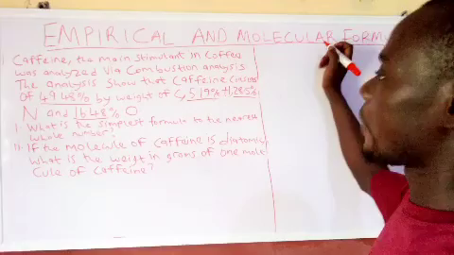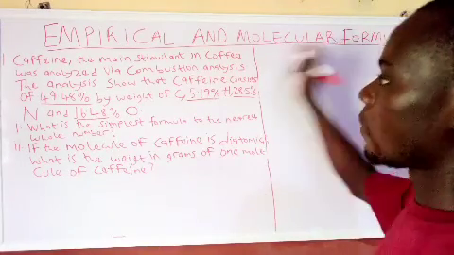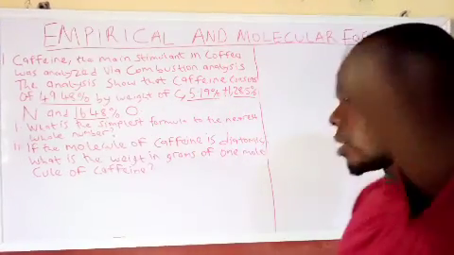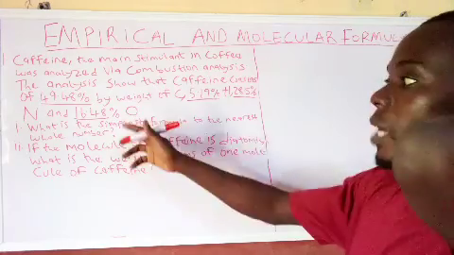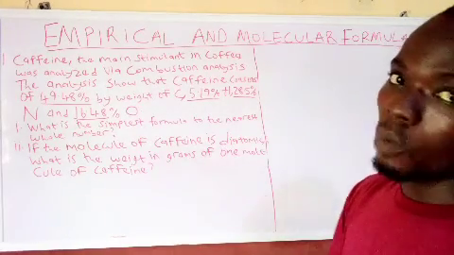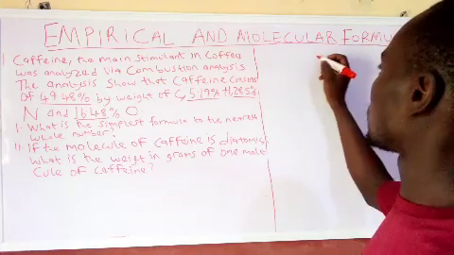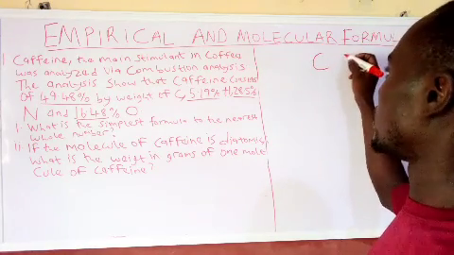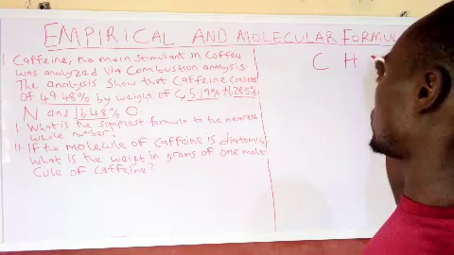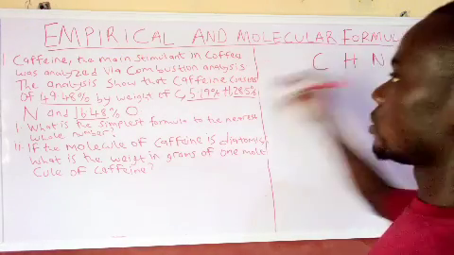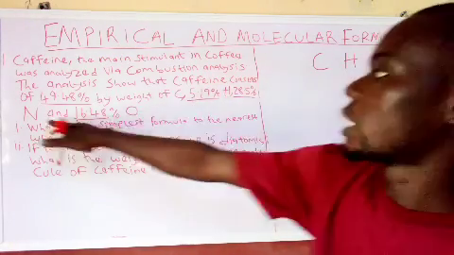So this is the first step. There is a formula used in this type of question, that's reacting mass over molar mass, or percentage mass over relative atomic mass. So that's the formula to use. The first thing you do, write down each element present. That's carbon, hydrogen, nitrogen, and oxygen.